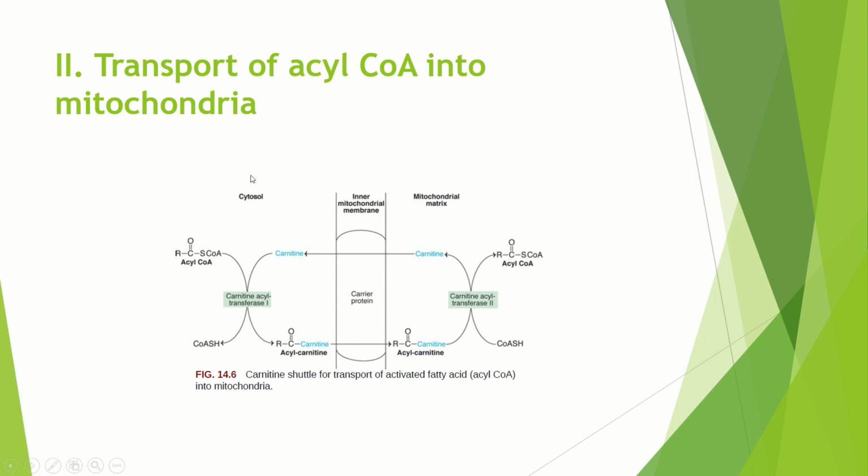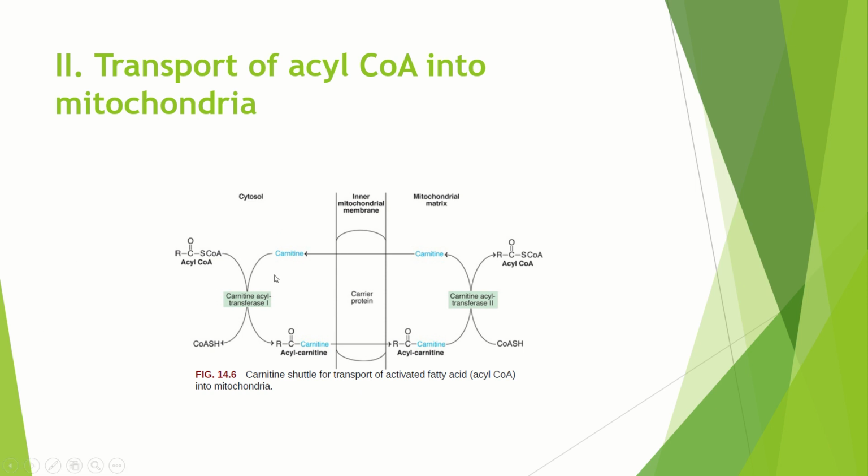But if it has to be oxidized, then it has to move to the mitochondrial matrix. But here the activated fatty acid, that is acyl CoA, is impermeable to the mitochondrial membrane. That's why a special carnitine carrier system operates here, which is nothing but the carnitine shuttle.